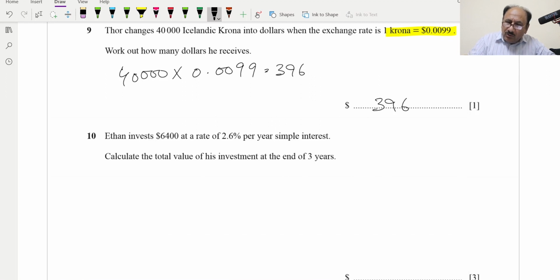And logically also we can check, because the dollar is the stronger currency, so this is the bigger one, and the amount which we are getting is the smaller one. So from the lower currency to the higher currency, we are having a smaller amount.